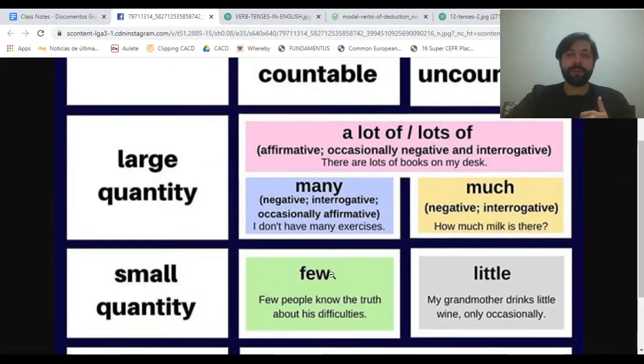You must remember this. Few is the opposite of many, and it's only for countable things. For example, few people know the truth about his difficulties. Just a small number of people in this example.